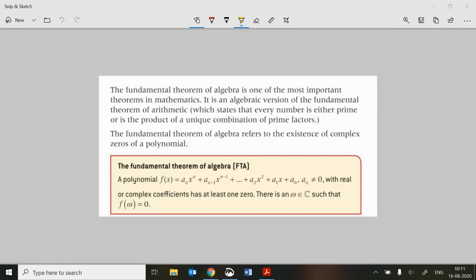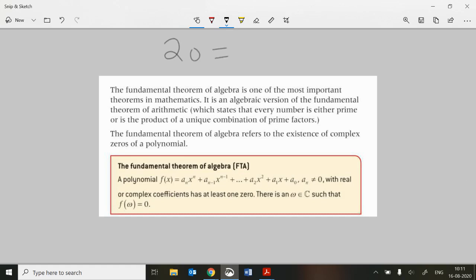It says the fundamental theorem of algebra is one of the most important theorems in mathematics. It is an algebraic version of the fundamental theorem of arithmetic, which states that every number is either prime or is the product of a unique combination of prime factors. I'm sure you've used it.